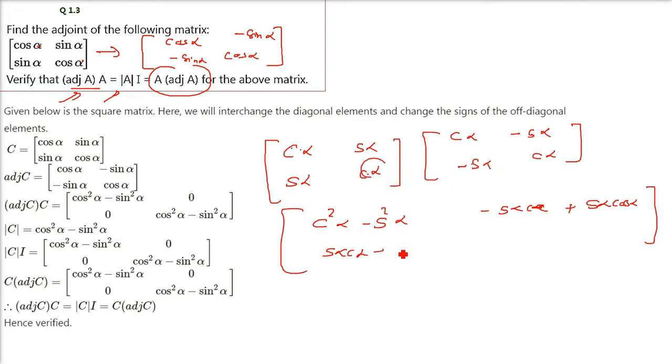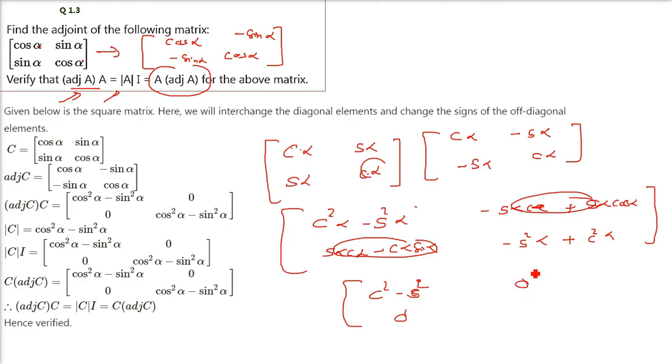Okay. And then we have second row with the second column. So minus sin square alpha and plus cos square alpha. Okay, this is 0, this is 0. This is cos square alpha minus sin square alpha. So c square minus s square I am writing, 0, 0, cos square minus sin square.